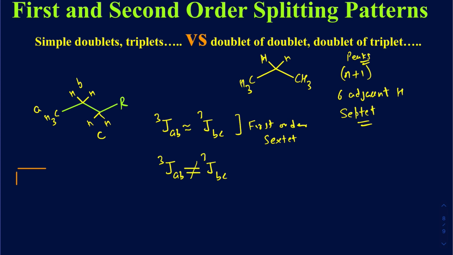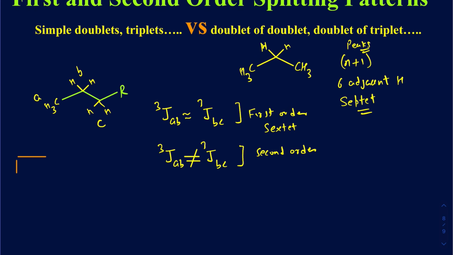And in that case, this is going to be a second order splitting, and it's not really going to be a clean sextet, or another way of saying it, it's not really going to have 6 peaks in there, even though even in the previous one it's not really 6 peaks, but those peaks actually overlap from the second order spectrum because the coupling constants are the same, and it looks like a clean sextet or clean 6 peaks, but it's not really clean 6 peaks even in that particular case.